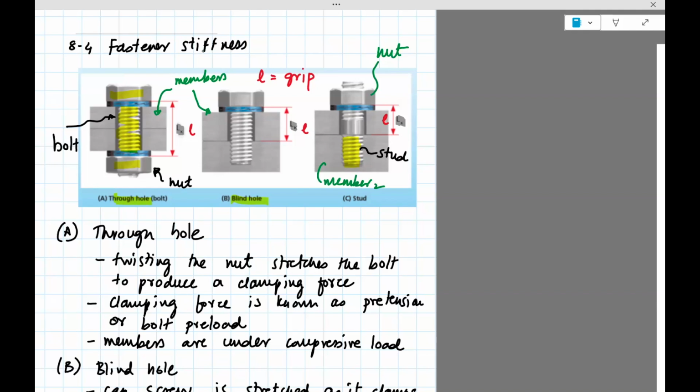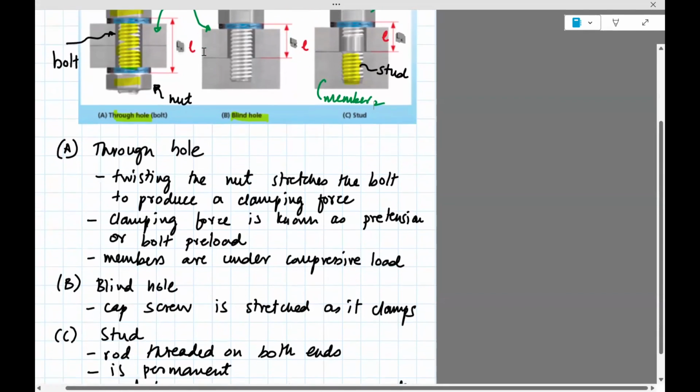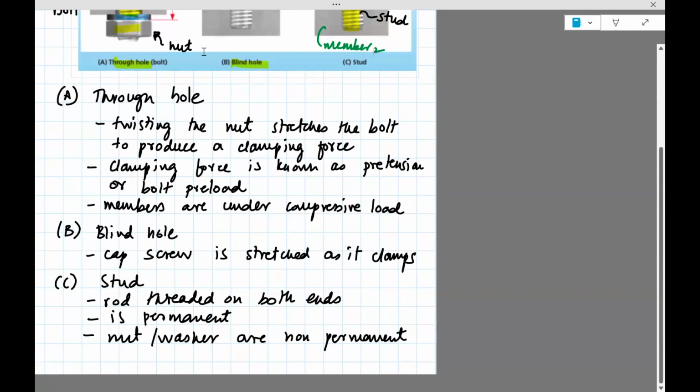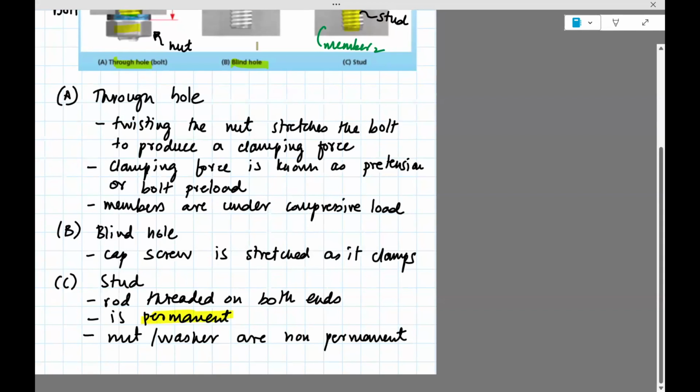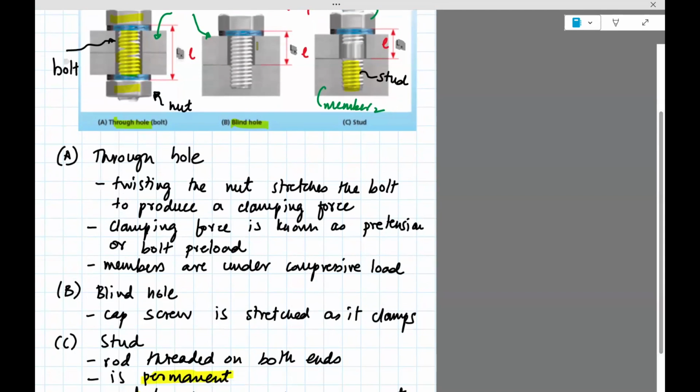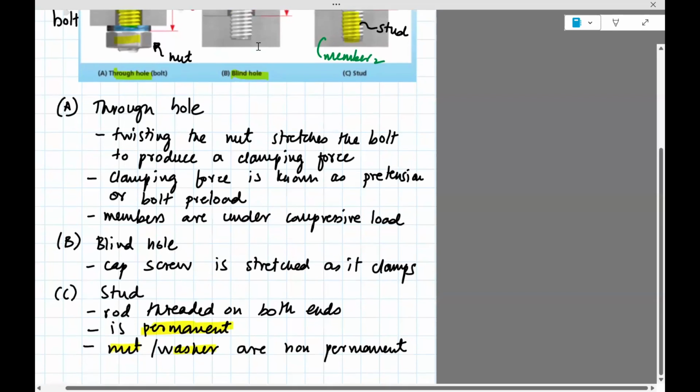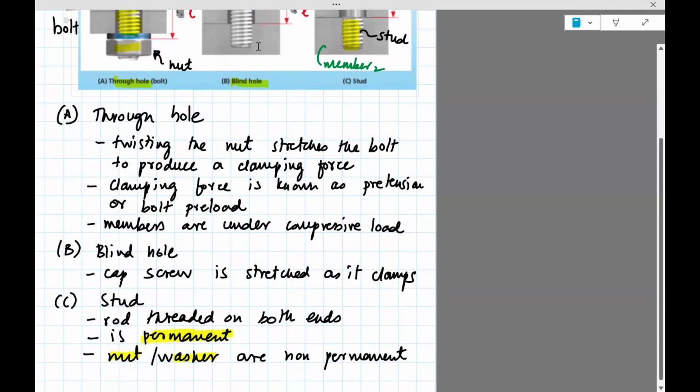So studs are permanent, while screws are not permanent. The main thing is that it is permanent. And there is a washer here, which I should have talked about, which is something you can remove.